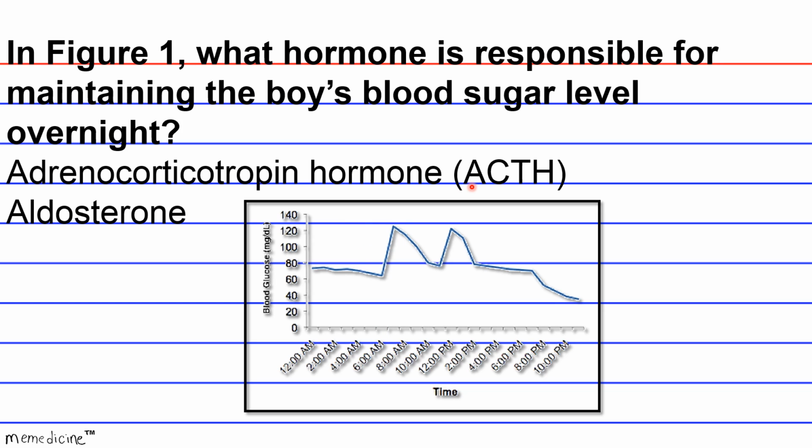Is it B, aldosterone, C, insulin, or D, glucagon? If you did one of the questions earlier, you should know the answer to this. I'll give you a moment to think.